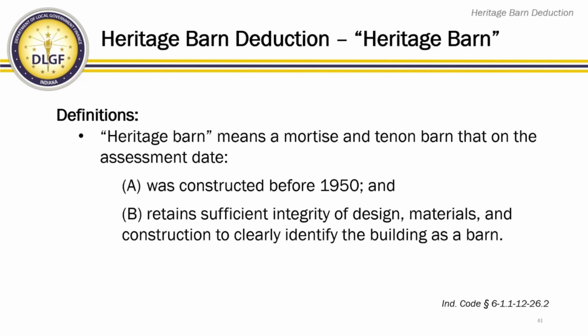This is one of the deductions where there are some pretty interesting fact patterns about whether a barn that has been, for example, disassembled, relocated, and then reassembled, was constructed before 1950 or after, because it was just disassembled and then put back together somewhere else. Or, since these are fairly old, over the years the owner or previous owners would have had to replace planks of wood and some of the mortise and tenon joinery.